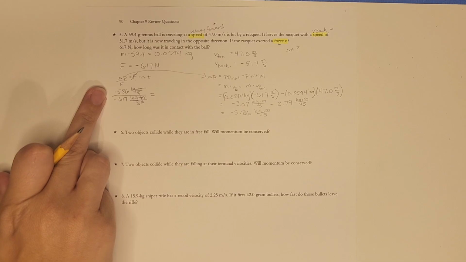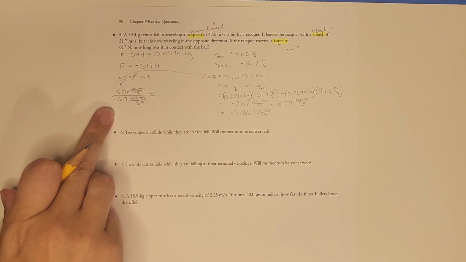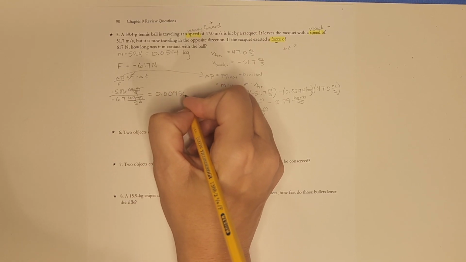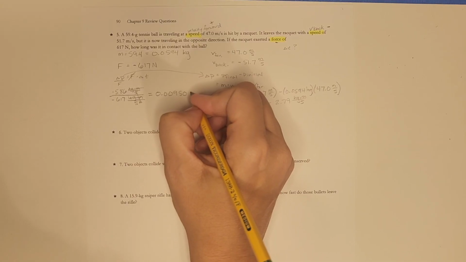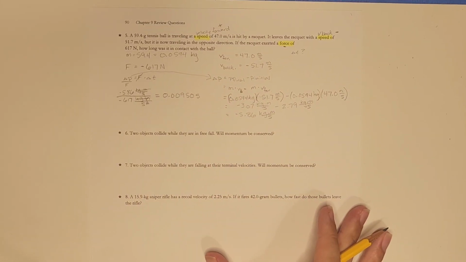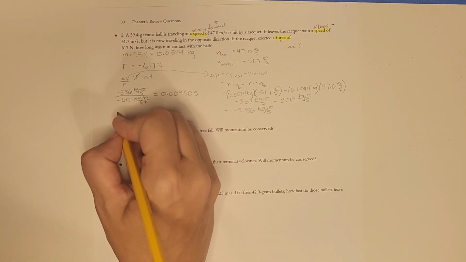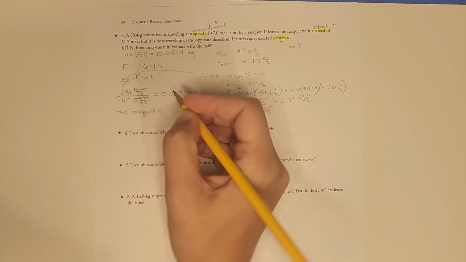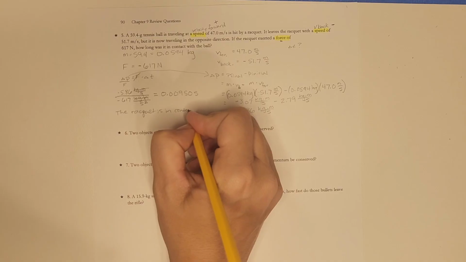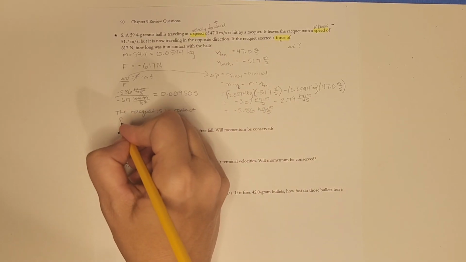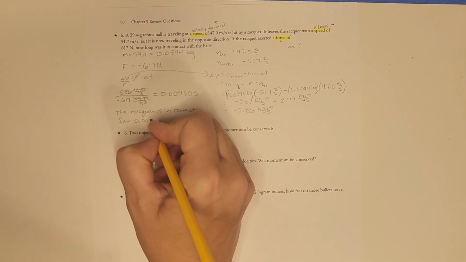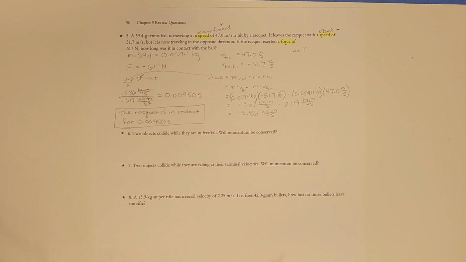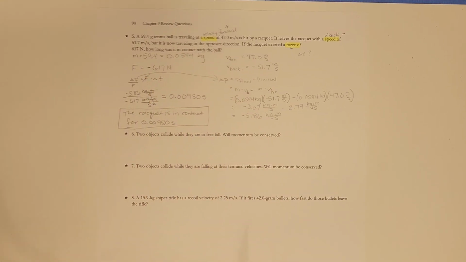So negative 5.86 divided by negative 617, we're going to get 0.00950, to 3 significant figures, seconds. And so our final answer is that the racket is in contact for 0.00950 seconds. And that is the only question that we're answering for that.